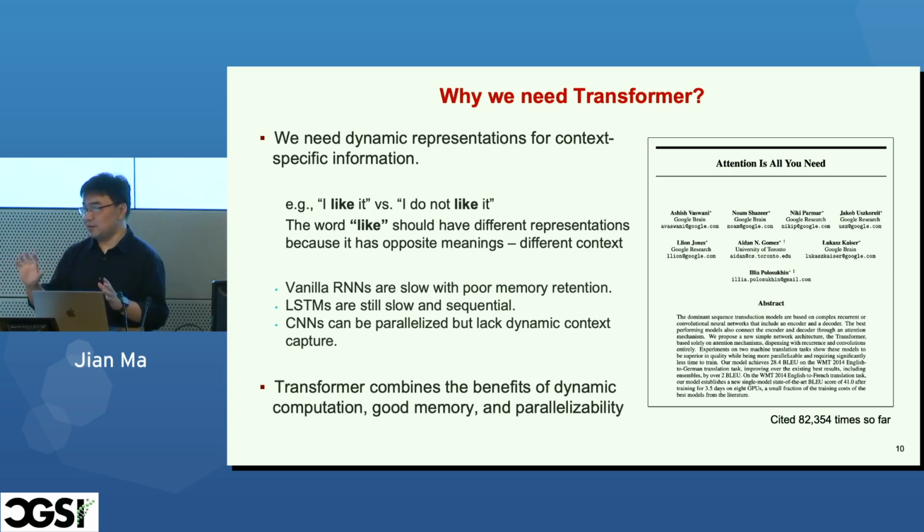And I'll get to that because in biology, sometimes we also try to understand those dependencies, right? A genetic variant right here, what are the connections to something elsewhere, both in close proximity or even somewhere far away. Previous models like RNN, LSTM, or CNN have their own issues, and the transformer combines the benefits of dynamic computing, good memory, and parallelizability.